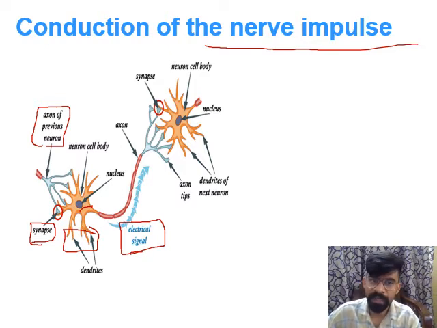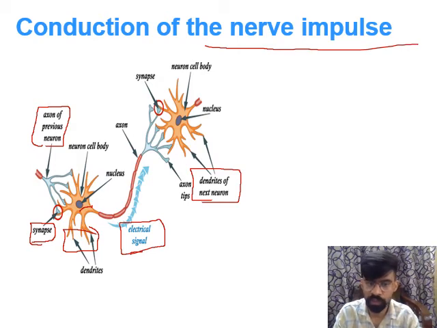It will again enter the next neuron. This is the pathway of how the message is transmitted from one neuron to the next neuron.